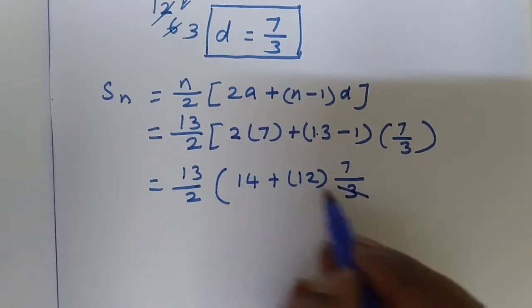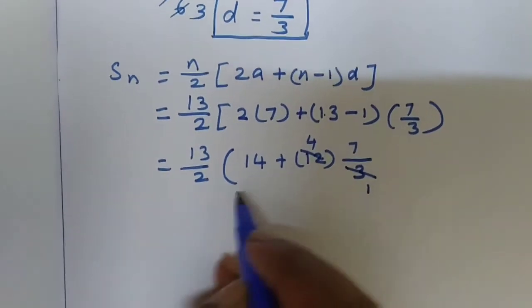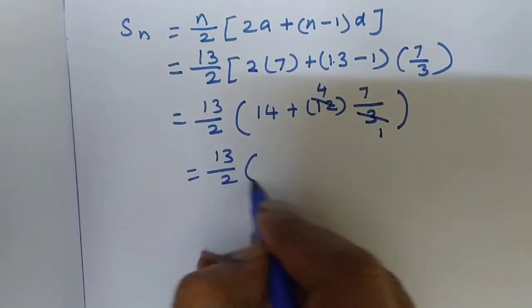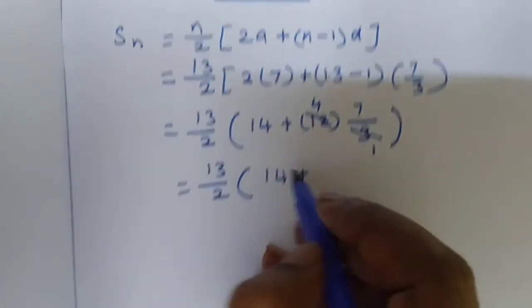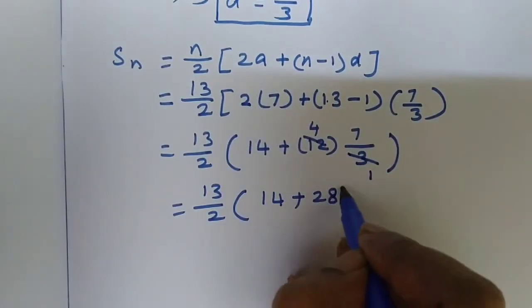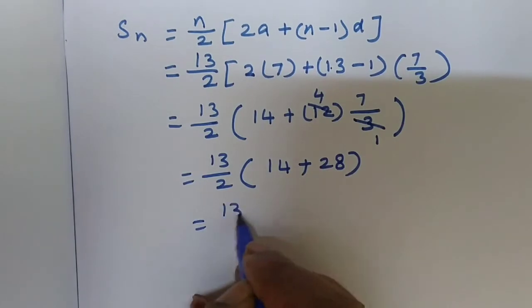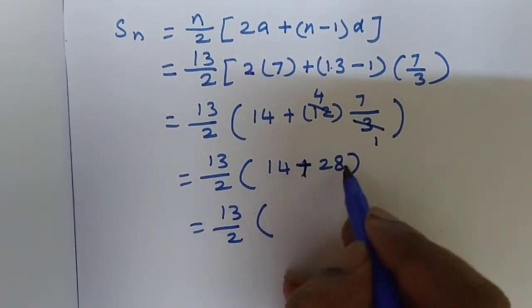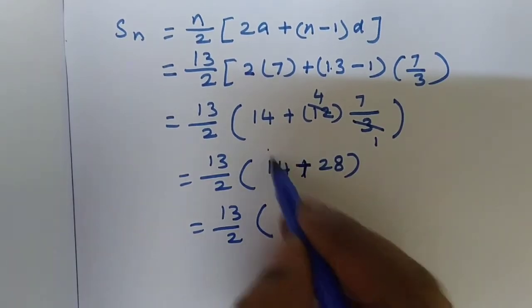We can cancel 3 and 12. 3 1s are 3, 3 4s are 12. 13 by 2, 14 plus 7 4s are 28. 13 by 2, 14 plus 28 is 42.